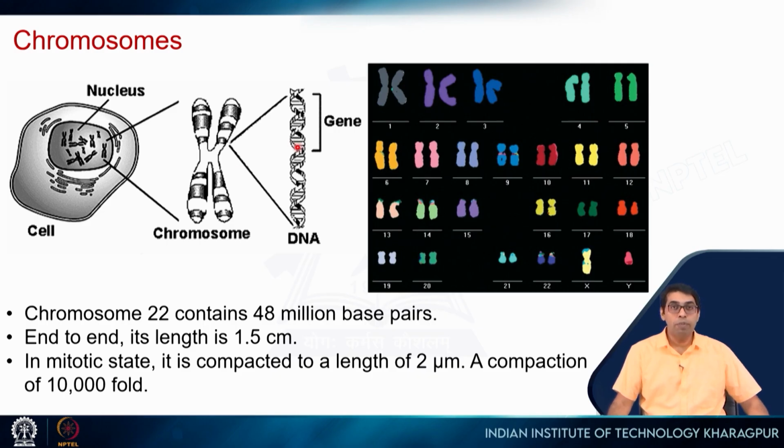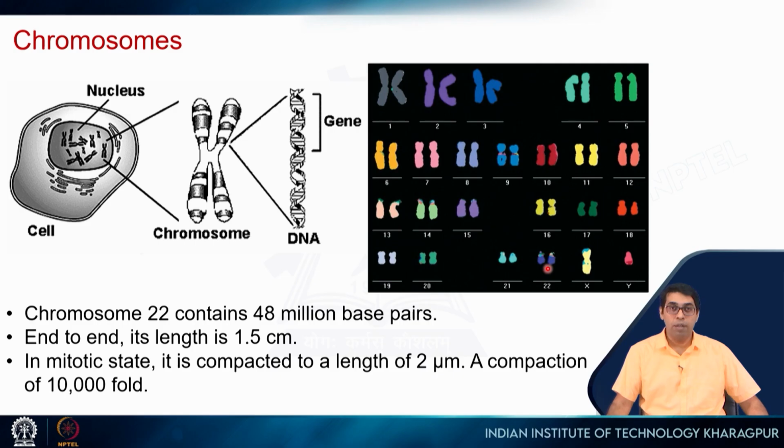If we consider the human genome, then our DNA is divided into 23 fragments, and depending on the size they are numbered as 1, 2, 3, and so on. So, 1 is the largest chromosome and 22 is the smallest chromosome. The last one, the 23rd chromosome, is actually the sex chromosome. So, in all of these, 1 to 22, they are the same chromosome and they are present in 2 copies.